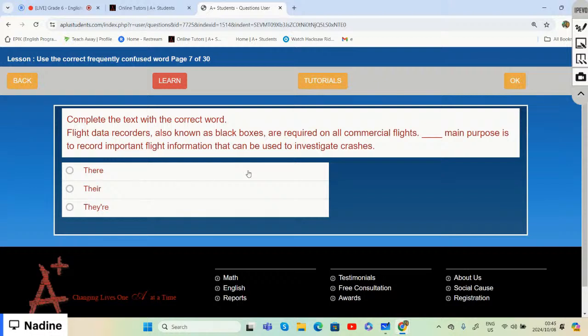Do we say option one, there, option two, they're, or option three, their, main purpose is to record important flight information that can be used to investigate crashes? Which one is correct?